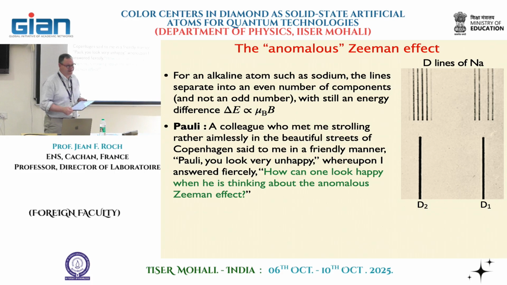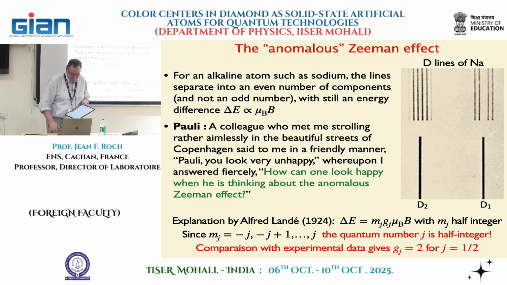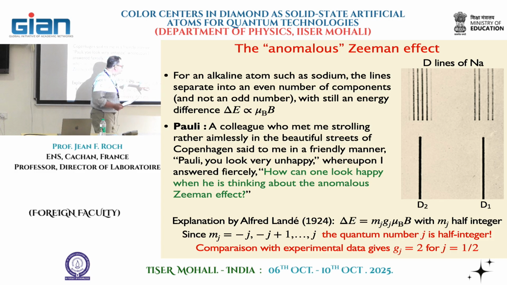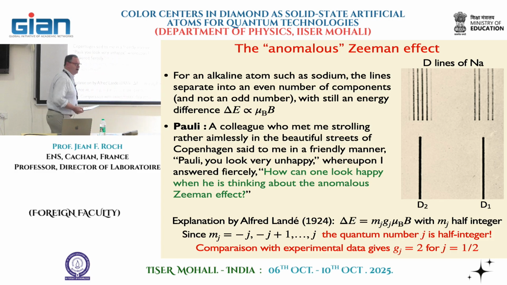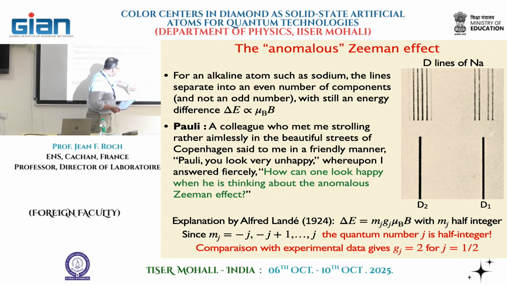the anomalous Zeeman effect?" The first explanation was given by the physicist Alfred Landé in 1924, at the very beginning of quantum mechanics, where he constructed a model of the atom, using the Bohr-Sommerfeld model of the atom, that could somehow explain that m_j.